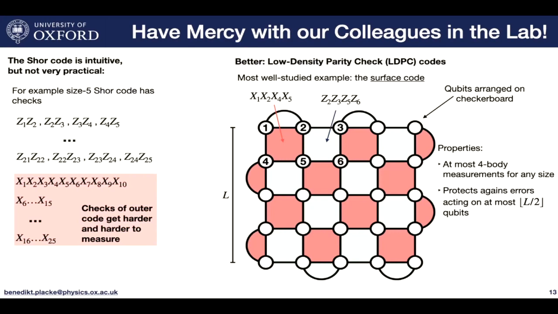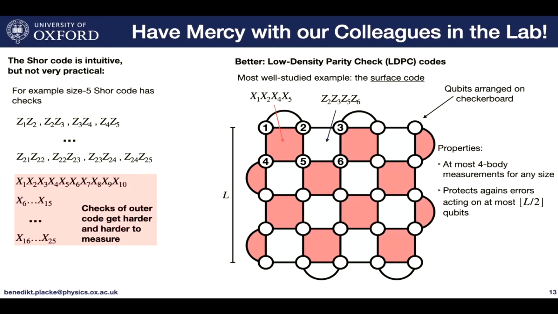The faces form a checkerboard, so in this case they are blue and red. The blue checks correspond to measuring a Z check on the corners of the face, whereas the red ones correspond to measuring an X operator on the corners of the face.